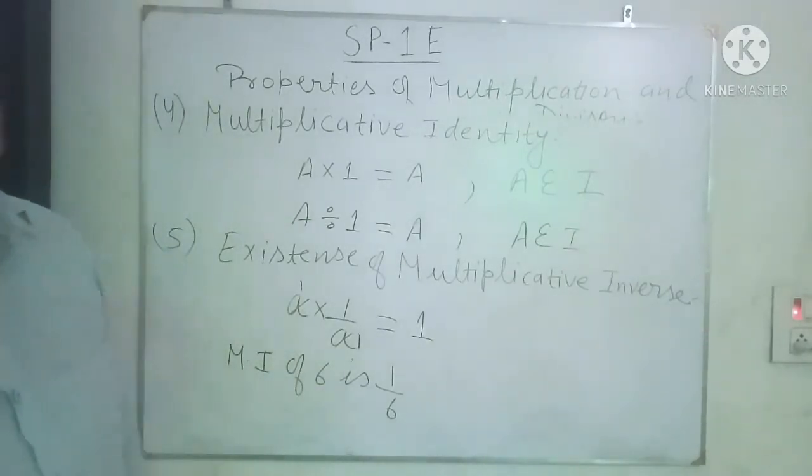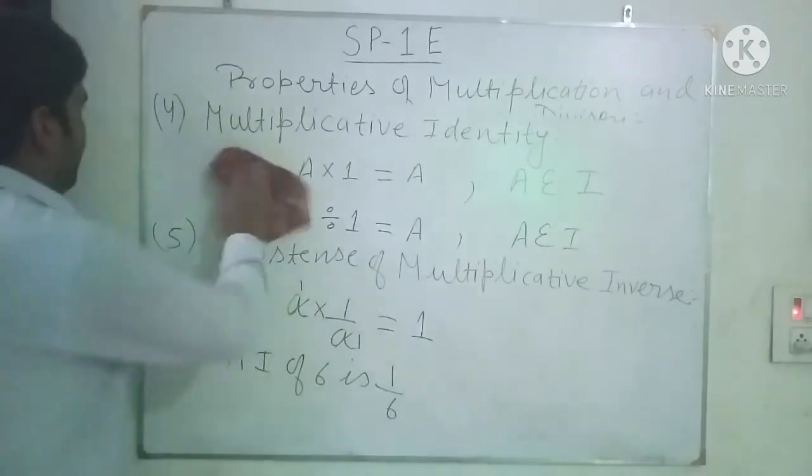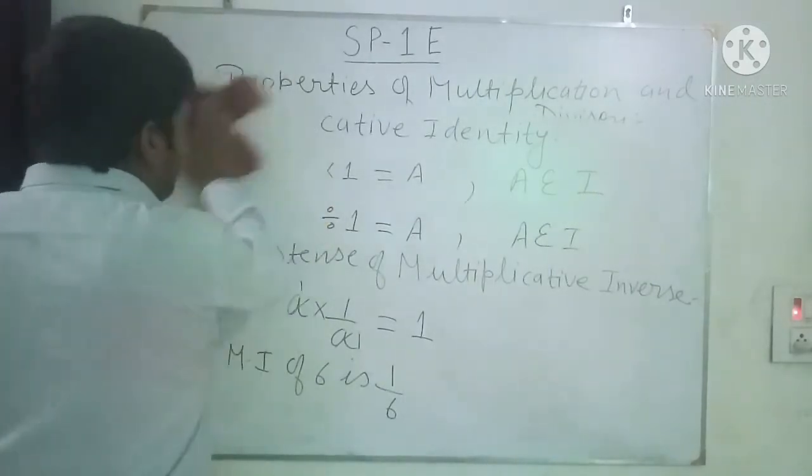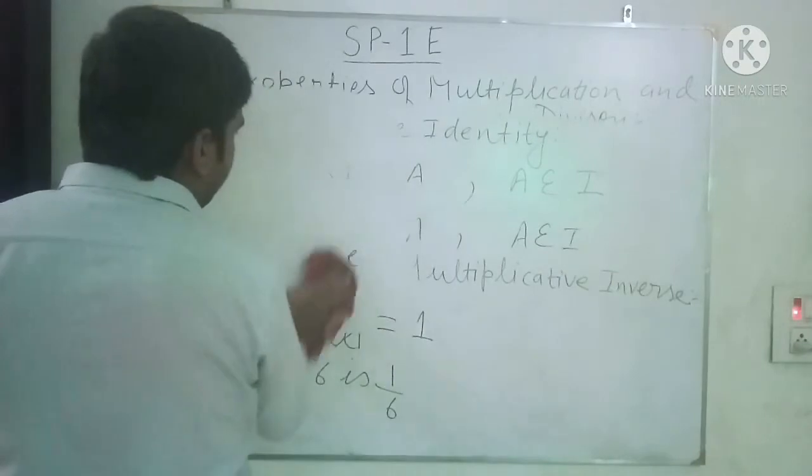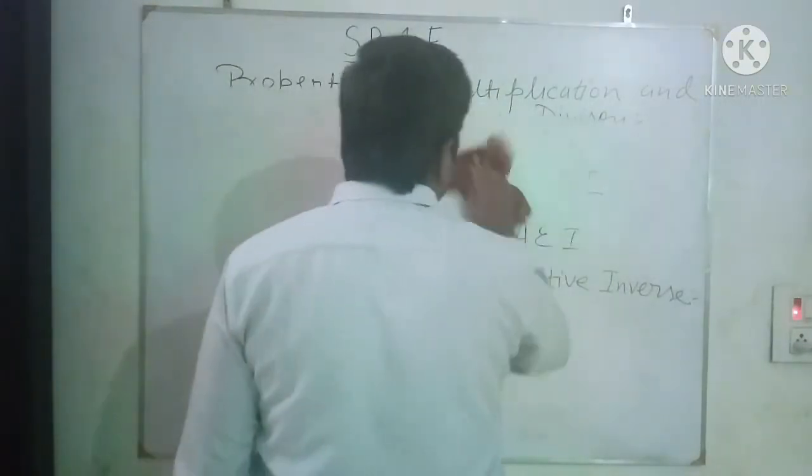Next property is the property of 0. If you multiply any integer by 0, the product will be 0.